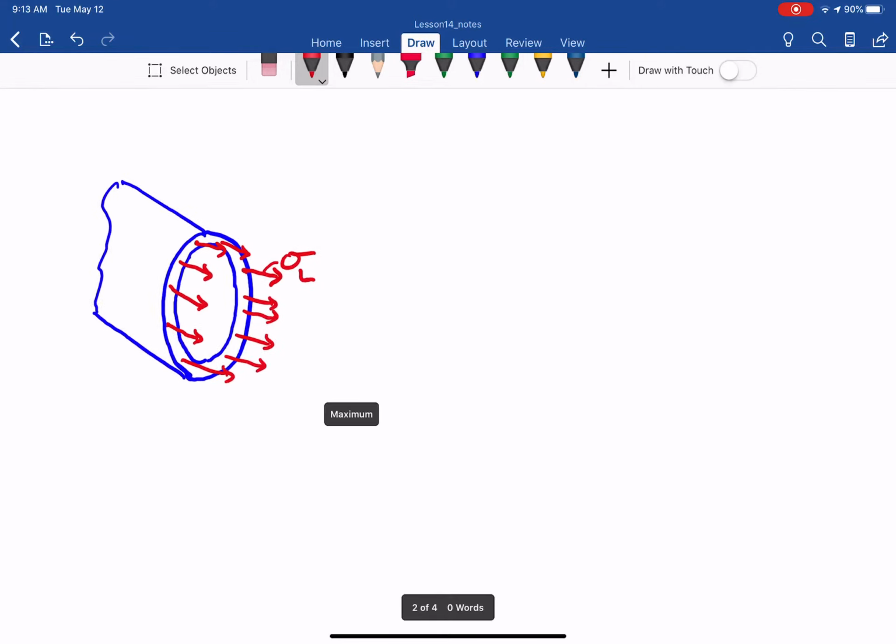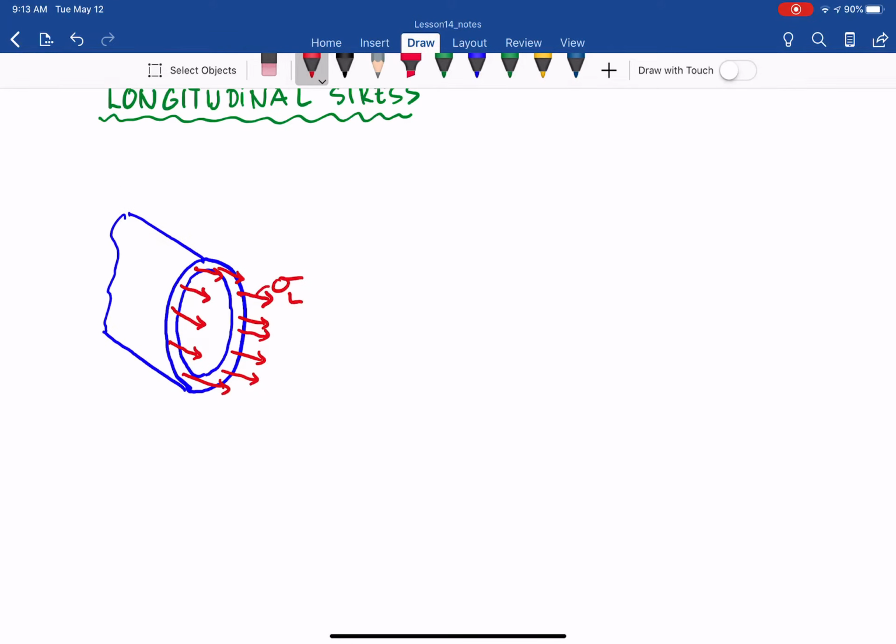And of course, we also have the inner pressure, which is P, applied from the fluid.